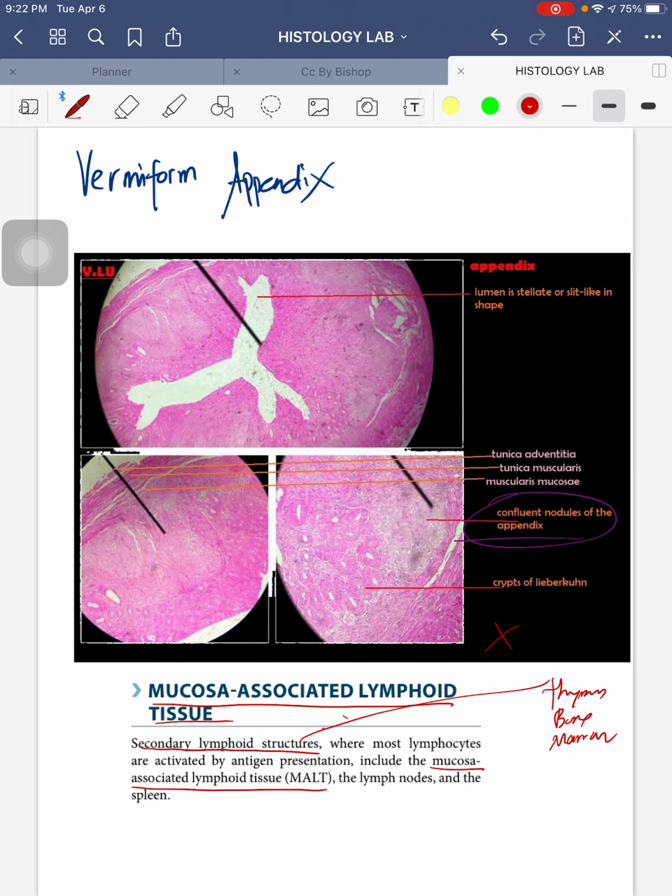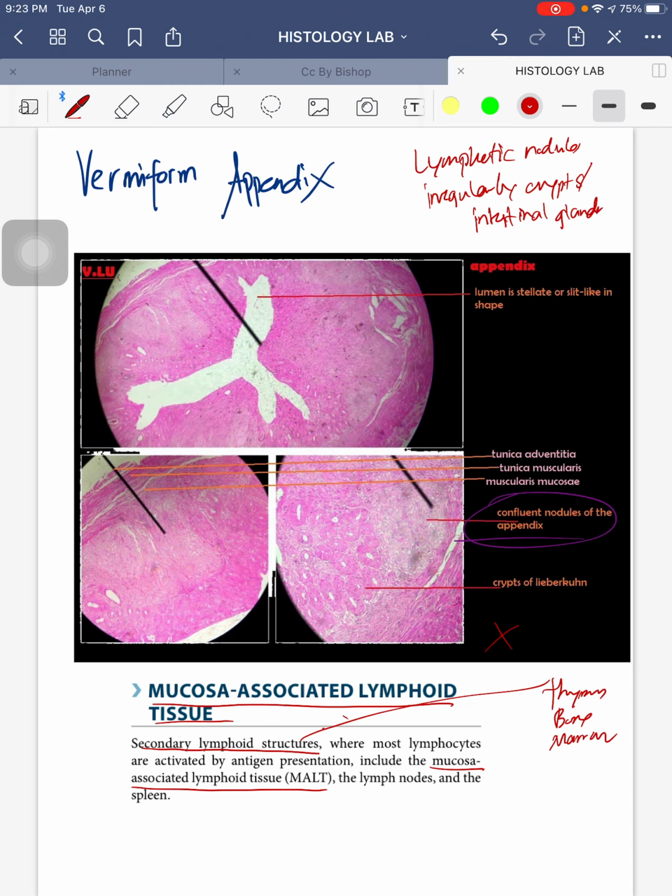Next is the vermiform appendix. This is very short. So the vermiform appendix is a short, small diameter projection from the cecum. Okay. How do you identify this as vermiform appendix? First, your identifying feature will be your lymphatic nodules. Second, there is irregularity between the crypts, again invaginations, and intestinal glands.